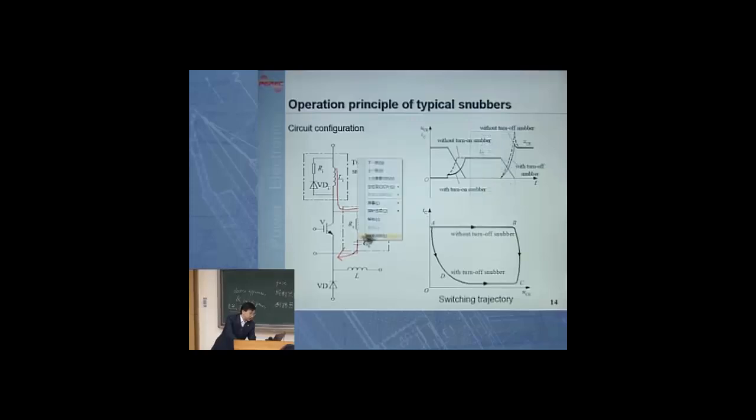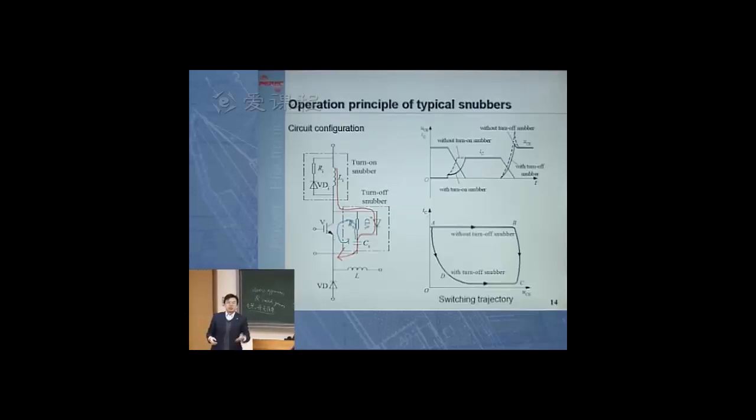The current will flow this way. The energy stored in the capacitor will be dissipated through this resistor and released through this IGBT when this IGBT is turned on.